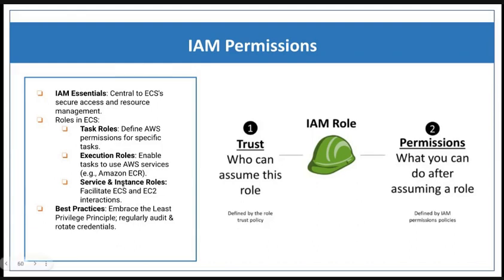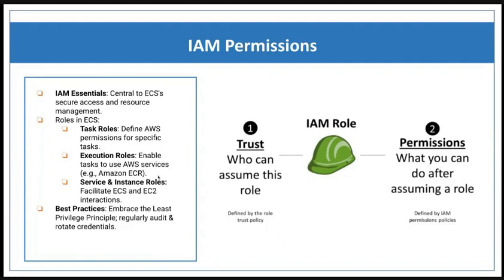And finally, there are also things like service-linked roles and instance roles. They facilitate the ECS and EC2 interaction, meaning they allow the EC2 instance to do certain actions at the cluster level and the EC2 instance level, and ECS as a service, for example, to register the task on a load balancer and things like that.